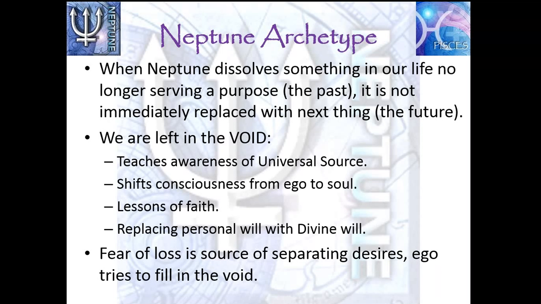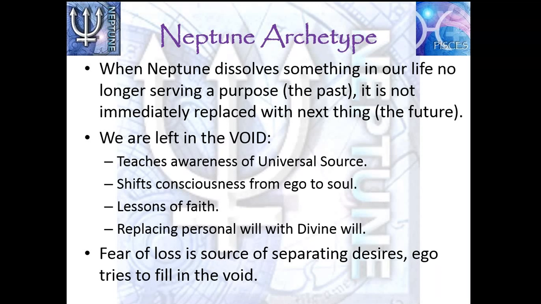And when we have to let go of that past, let go of whatever's in our life that's no longer serving us, that gets emphasized when Neptune goes retrograde. We're in the midst of it right now, and it will be through the next 5 months if we're willing to pay attention to it. It creates a fear of loss. It's very hard to exist in that void.